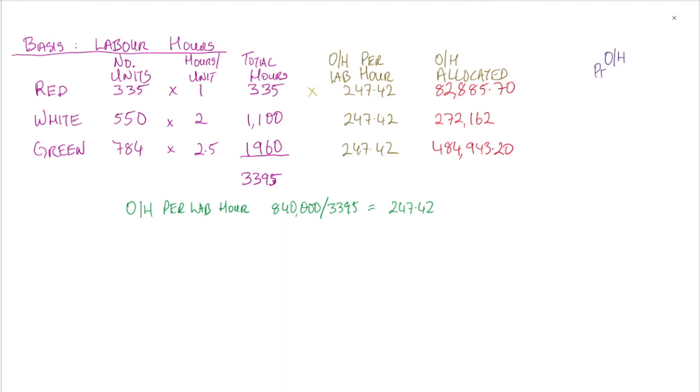At this stage, we can then calculate the overhead per unit by just dividing each one of the overheads allocated by the number of units of those products that we're going to produce. So in this case, that will be 247.42 for red, white will be 494.84, and green will be 618 euro and 55 cent.